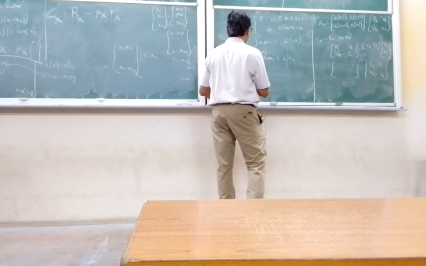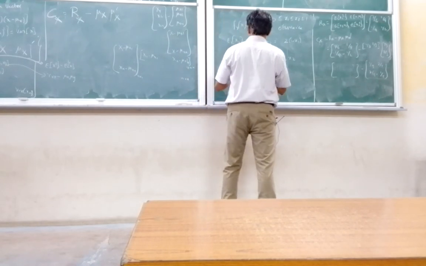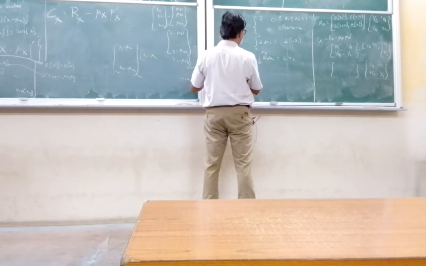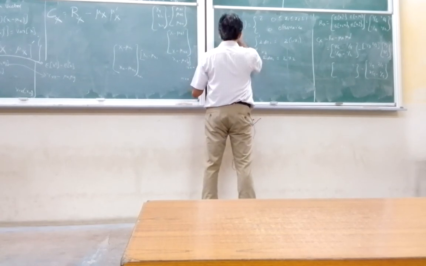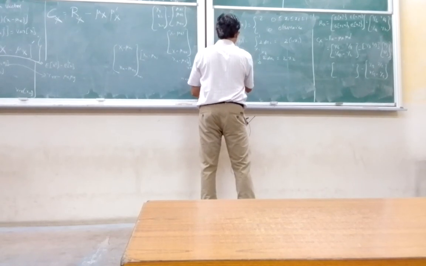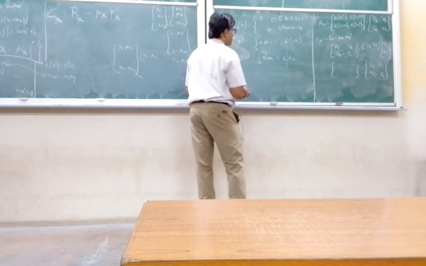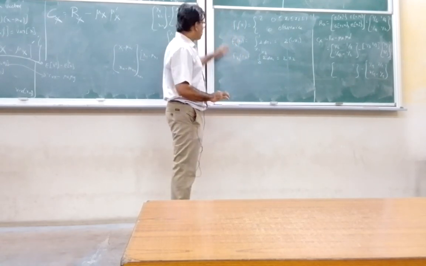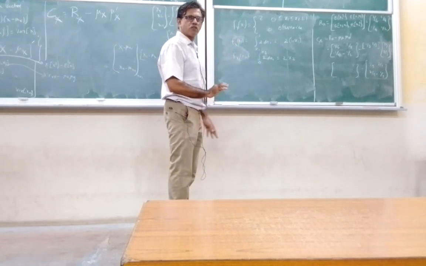Sorry, it's not expectation. We are only finding the individual densities. This is what we are getting. So the marginal density functions we can get like this.